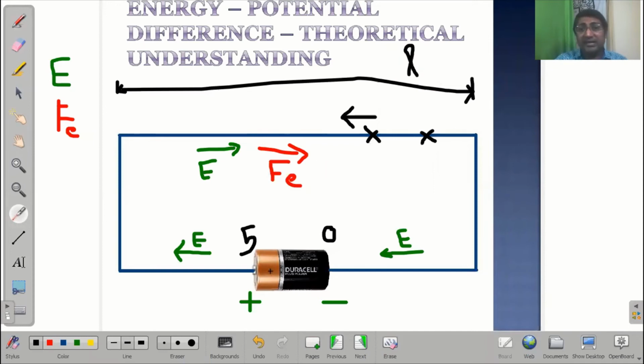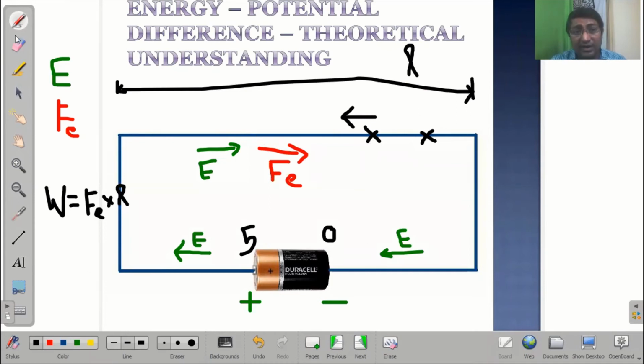Now, if you remember, the definition of work done is nothing but force into displacement. So work done is Fe into L. Okay, work done is force into displacement, and this is the overall work. Let's imagine there are 1,000 electrons.